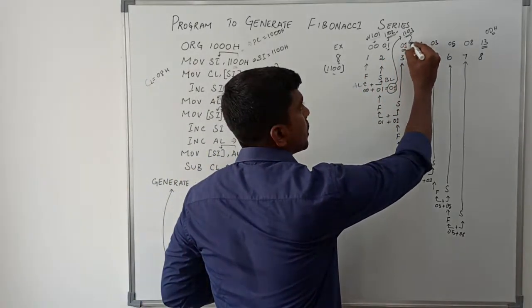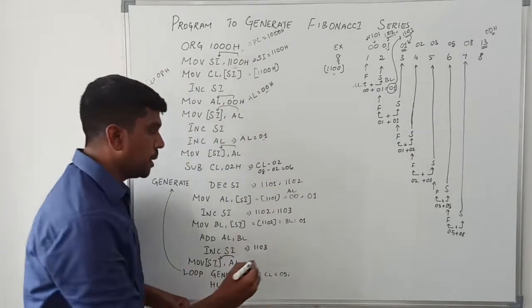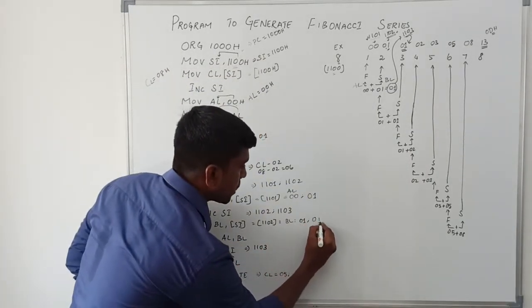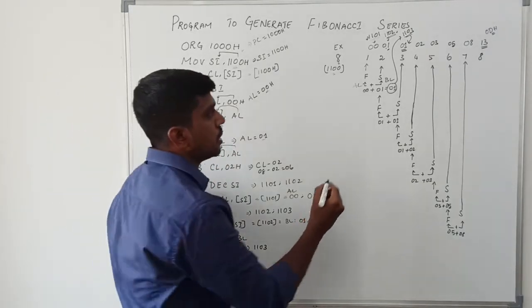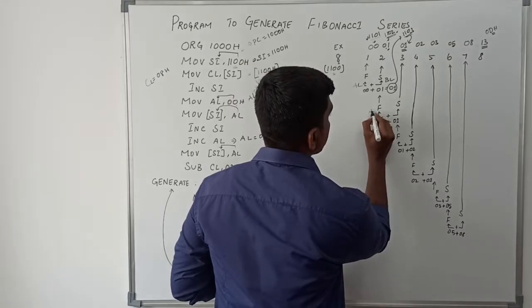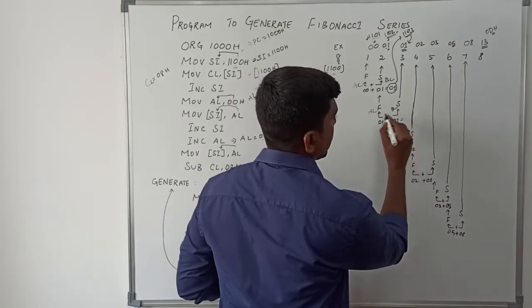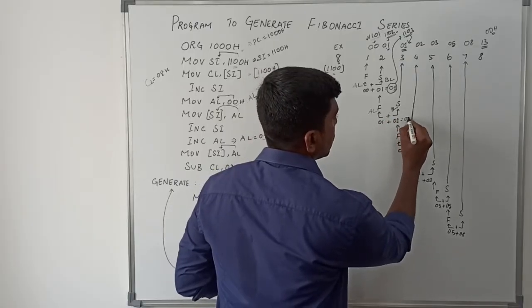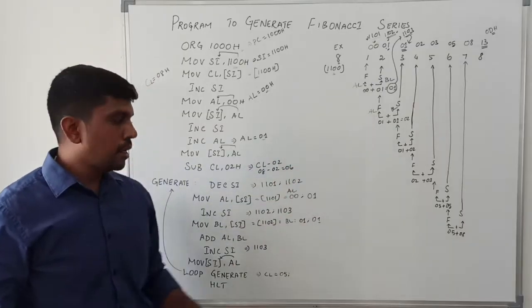In this memory location, we hold the data 01, so this 01 is transferred to the BL register. So the BL register value is 01. Then ADD AL, BL. The AL register content is 01 and the BL register content is 01. Just adding these two register contents, the result is 02. 02 is stored in the register AL.